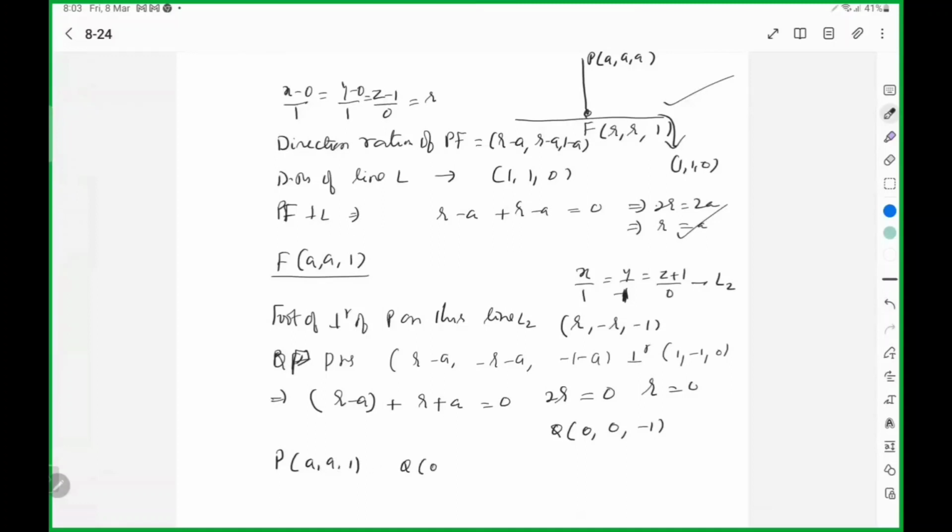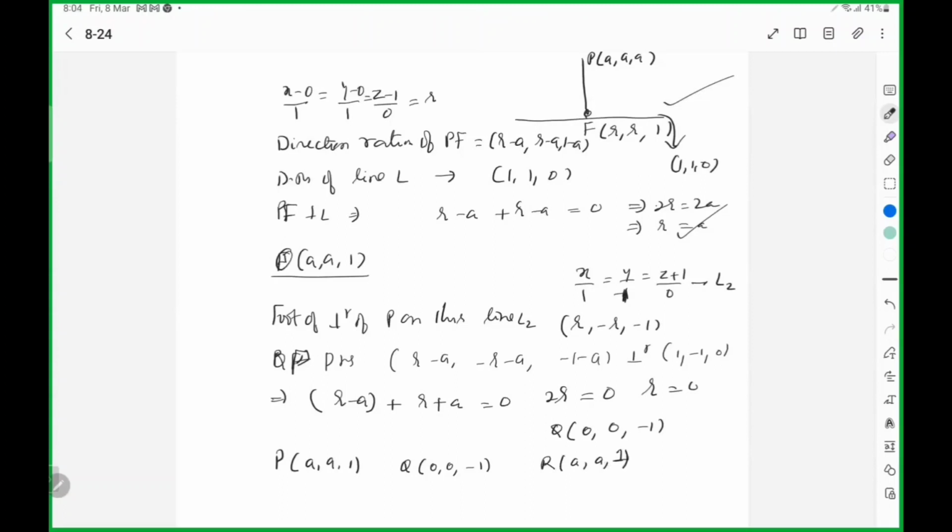Other foot of the perpendicular is this. And he told P comma Q. Another foot of the perpendicular is A1.